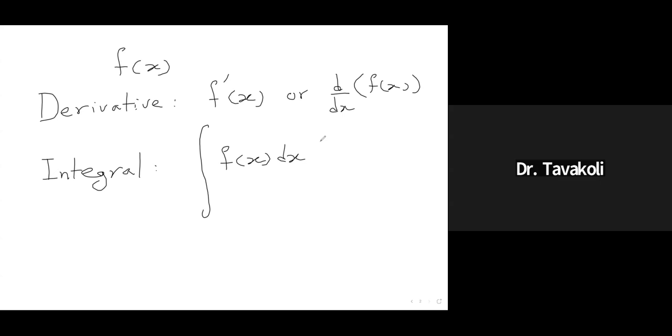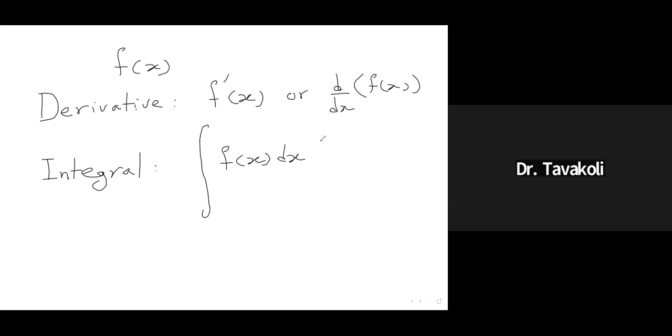As you know, in Calc 1, the derivative was the main thing that was discussed. Also, you saw integrals, but the derivative part was more detailed. You saw more materials from the derivative compared to integrals.